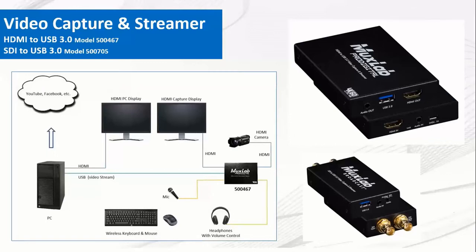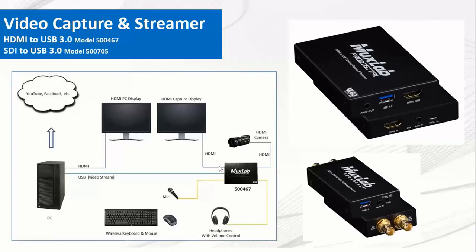With respect to some of the other products, we've also come out with a video capture and streaming solution, both for HDMI and for SDI. The HDMI is for the Pro AV market, and the SDI for the broadcast market. They both essentially work similarly. You have an example here of how it works. You have a source such as a camera connected to the device, as well as a microphone. So you can be filming yourself and speaking at the same time.